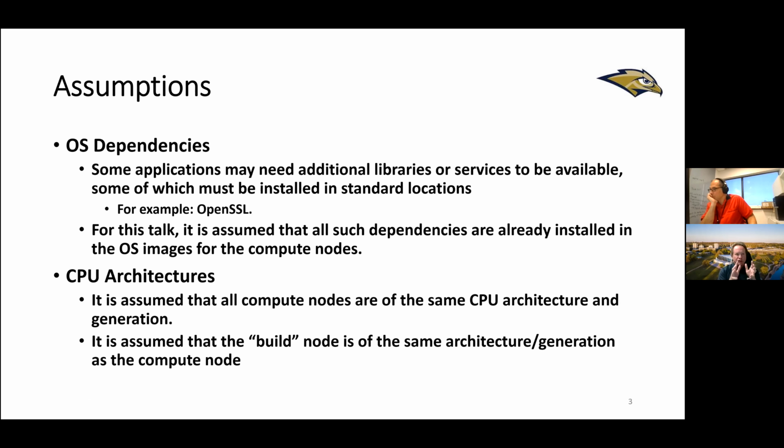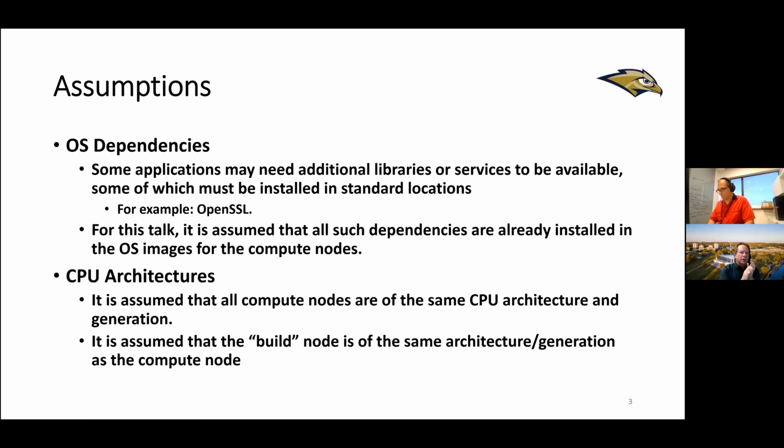We can predict which some of them are going to be, and in the EasyBuild configuration setup, I take note of which libraries to have pre-installed on compute nodes, so that when you're building and deploying a new application, you don't have to reboot the systems on all the compute nodes to be able to take advantage of that application. Here we're going to assume that all such dependencies are already installed on the OS nodes, but we'll still call out which ones are frequently seen that need to be installed on the compute nodes beyond a baseline compute environment.